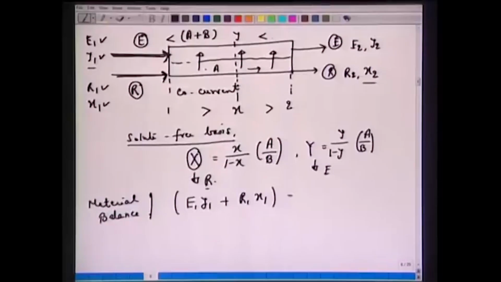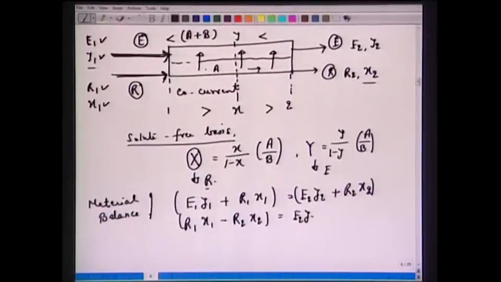This will equal the two exit streams, E2 Y2 and R2 X2. So in equals out. We can rearrange: R1 X1 minus R2 X2 equals E2 Y2 minus E1 Y1.